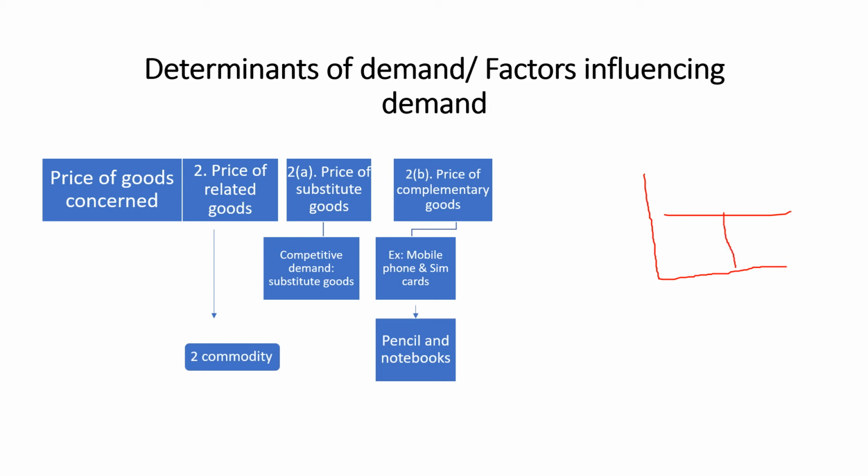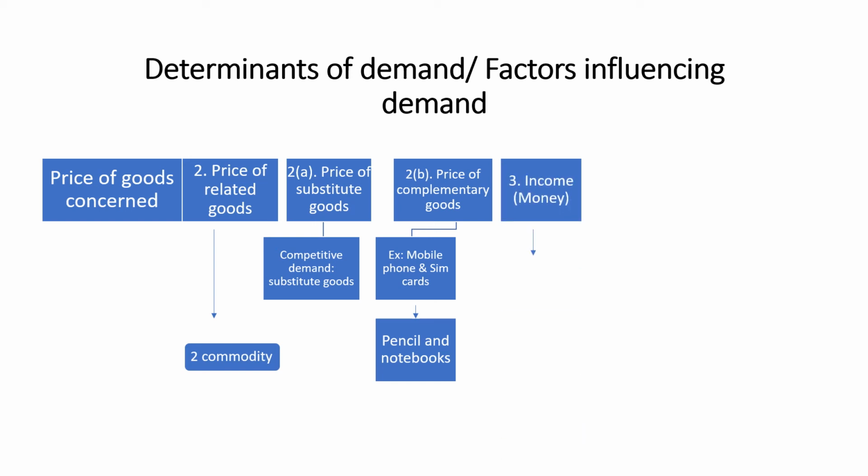Let us take an example: tea, coffee. Tea demand increases, coffee demand also increases. So there is a direct relationship. So both will be equal, right?